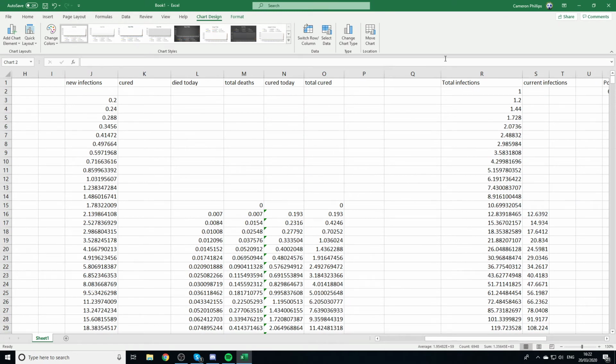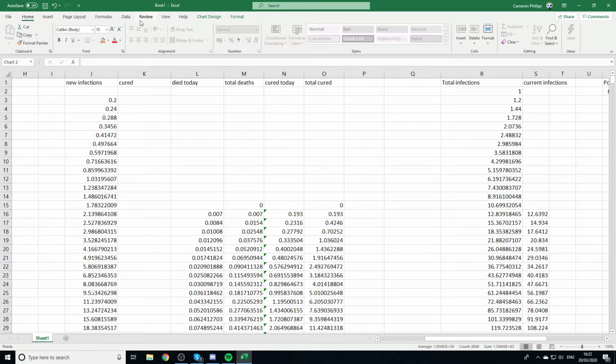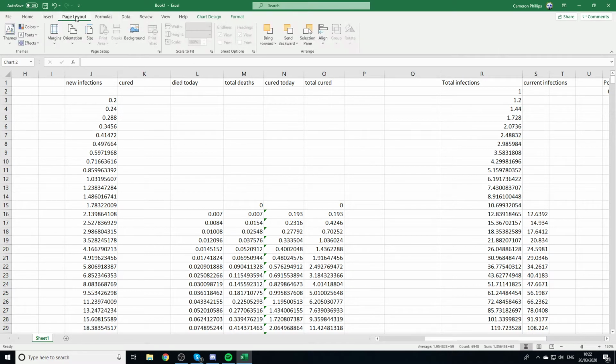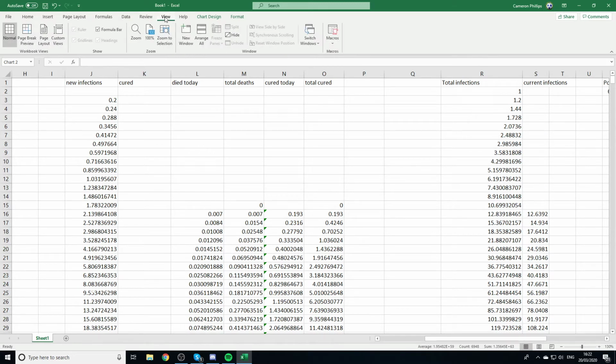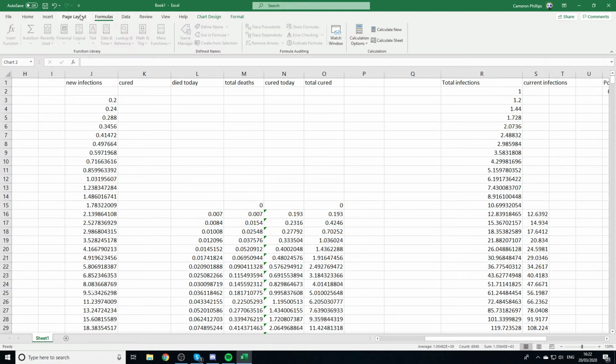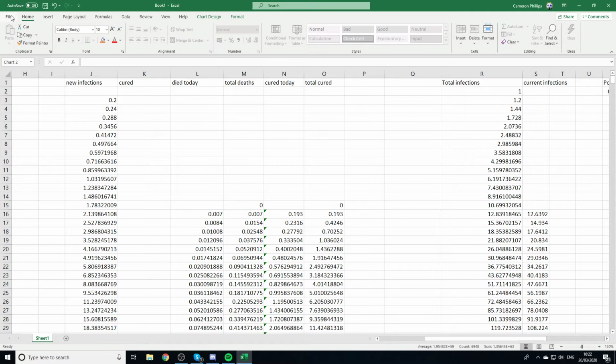What I'm going to do is split the screen. What will that be under? Page layout? Review. I haven't been on this for years. Format.